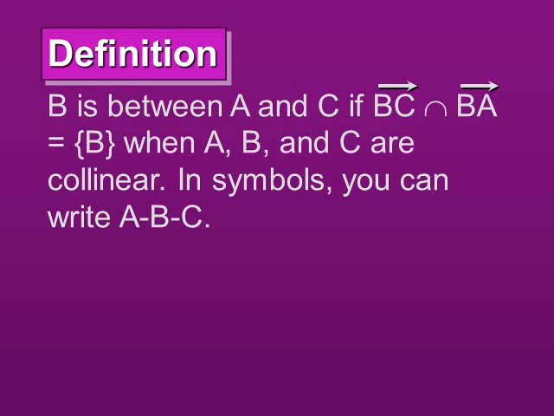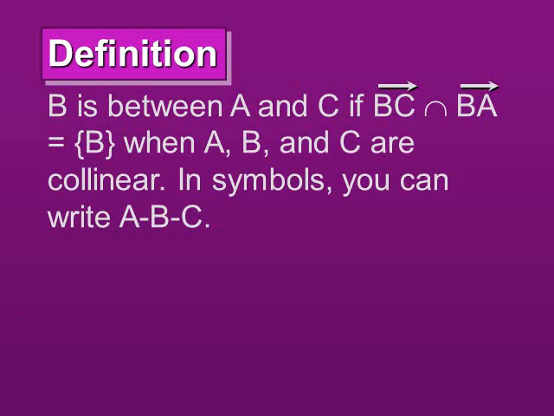Okay, so we have a definition of betweenness already, and this is a new and improved definition for betweenness. In chapter 2 we talked about just a point being between 2 other points, given that we could add them together, but here we actually can have measurements, right? So B is between A and C if the ray BC intersects the ray BA at point B. That was our original definition.